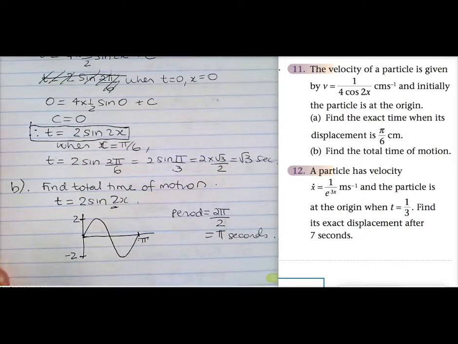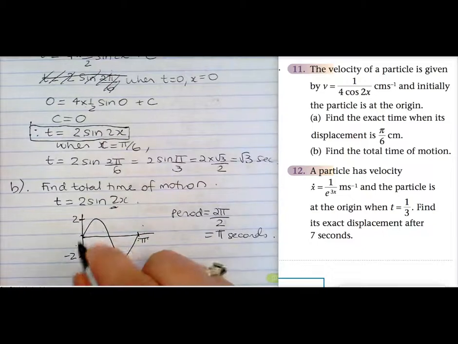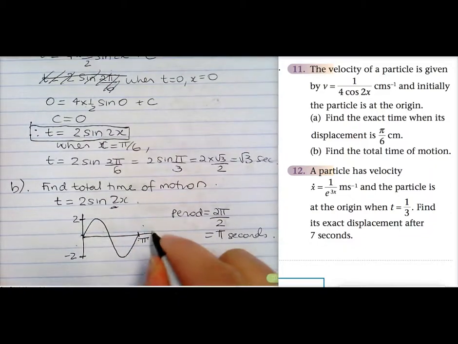What do you think? The time of motion is the time for a full cycle. It's pi seconds. Because how do you know? Is it going to do 1, 2, 3? We don't know. The total time of motion will be 1 period. It'll be pi seconds.